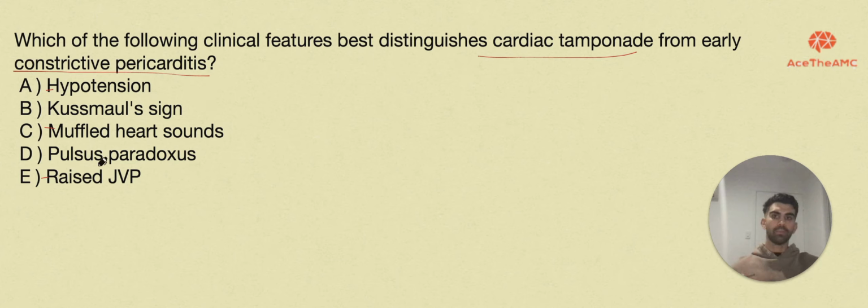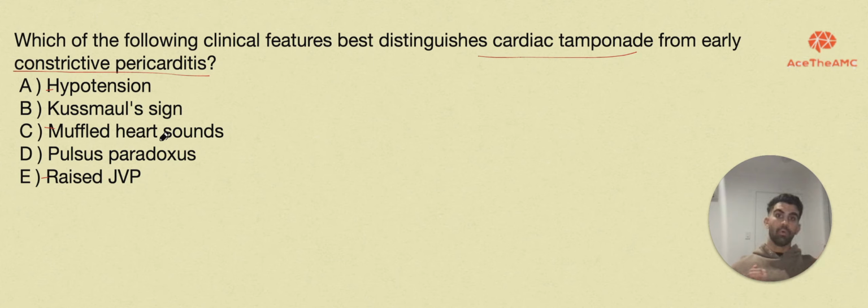We'll also talk about the other answer options, pulsus paradoxus. Pulsus paradoxus is where you have a greater than 10 millimeter of mercury fall in systolic blood pressure on inspiration. This is more seen in cardiac tamponade than in constrictive pericarditis. Normally during inspiration, your intrathoracic pressure falls.